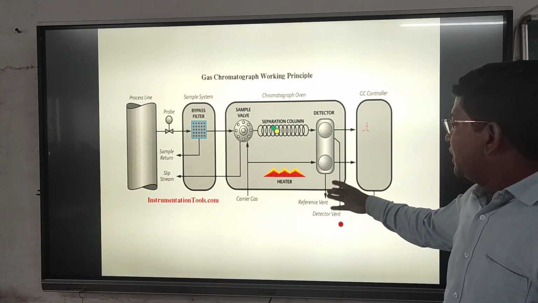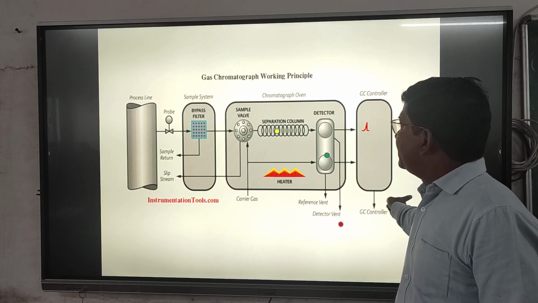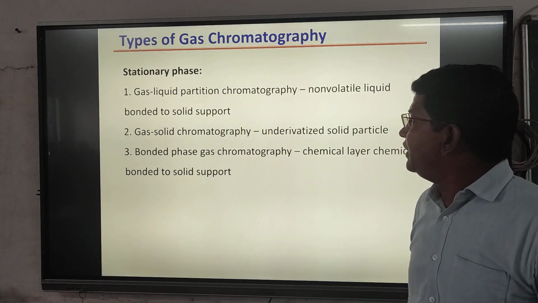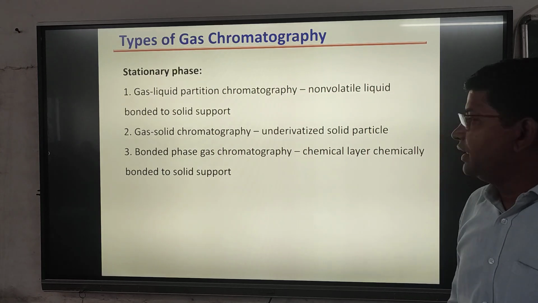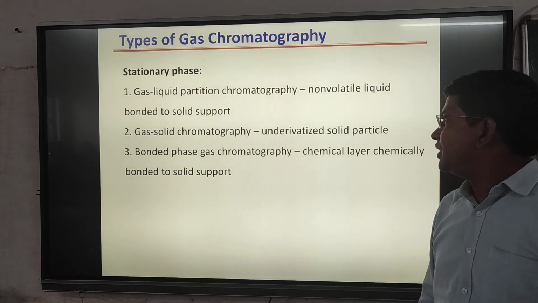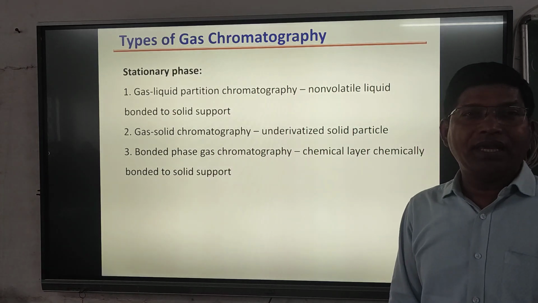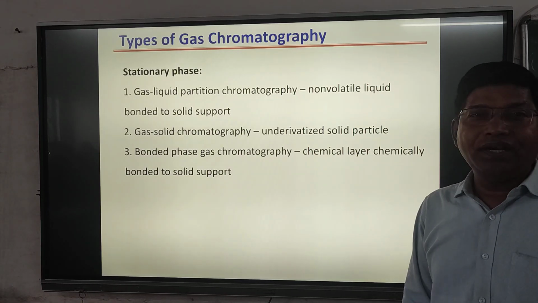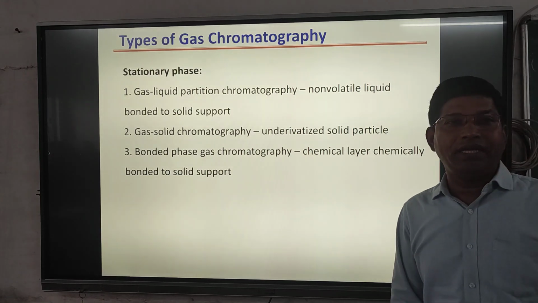Now we will see the different components present in a gas chromatography. Generally there are three types of gas chromatography: gas liquid partition chromatography, gas solid chromatography, and bonded phase chromatography. In gas liquid partition chromatography, the gas is the mobile phase and the liquid is the stationary phase, coated on the inert surface.